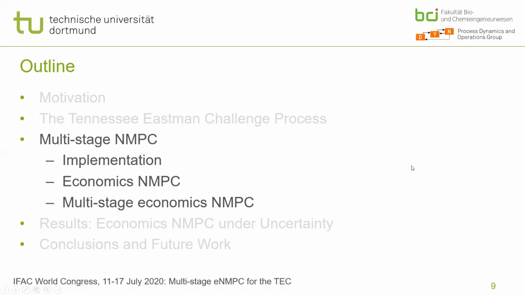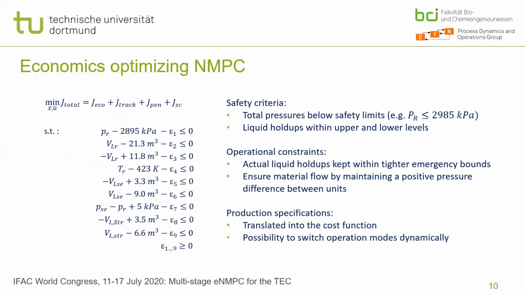Let's talk a little bit about the single-stage and multi-stage NMPC implementations. When dealing with the economics optimizing NMPC of a plant-wide application, one has to deal with many constraints, both based on the safety criteria and operational constraints.